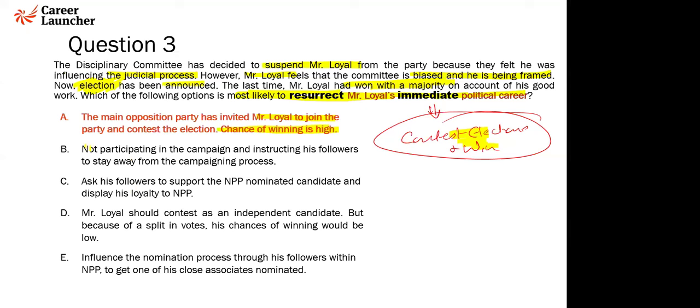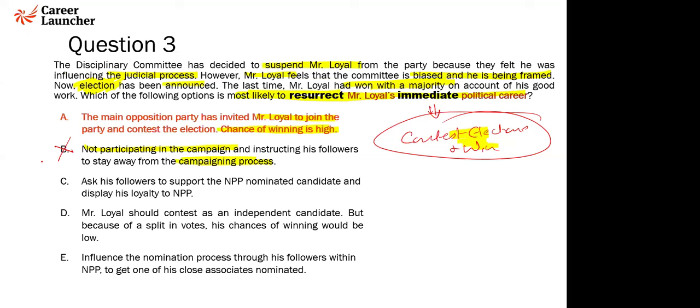Choice B, not participating in the campaign and instructing his followers to stay away from the campaign process. Now, if he does not participate in the campaign and instructs his followers to stay away, how will it help his career? His career will get resurrected only if he wins the election. So choice B is not a good option, because he'll become irrelevant.